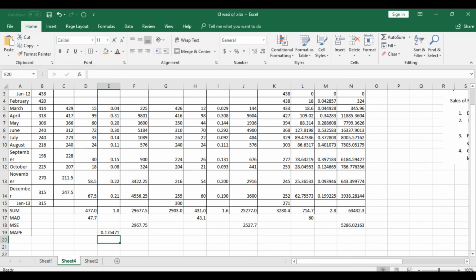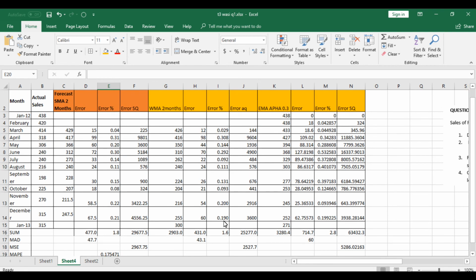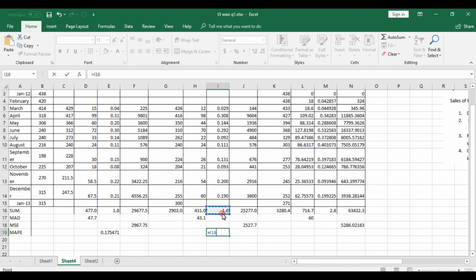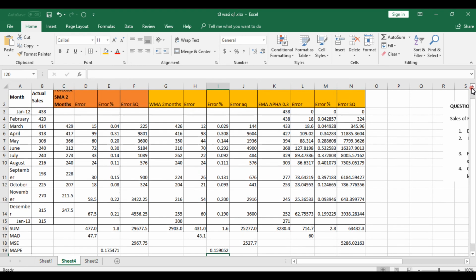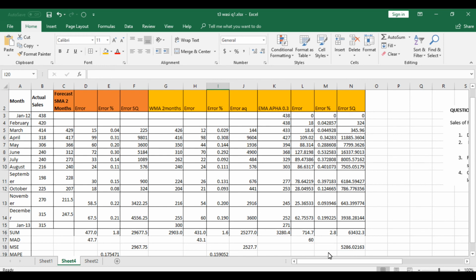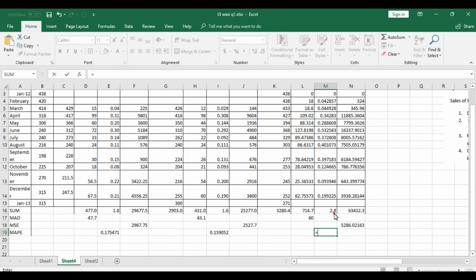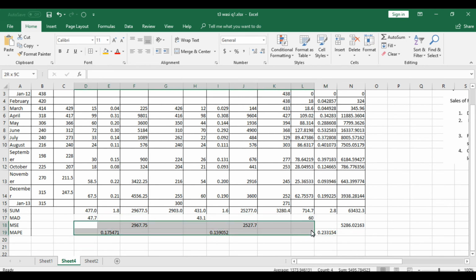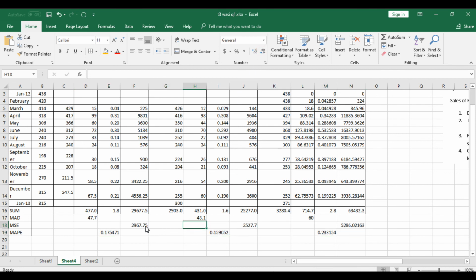Here for the weighted moving average, the sum of error percentage here is divided by 10, which is our n. For the exponential moving average, the sum of error percentage is divided by n, which is 12 in this case. So we have to reduce the decimal places.